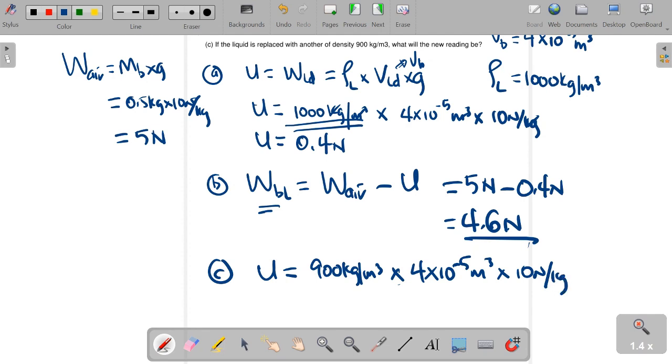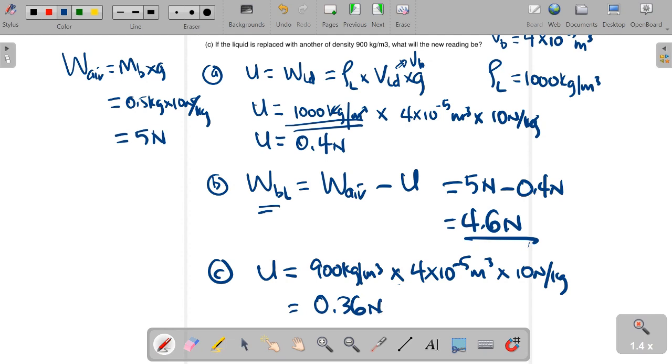So it is 900 multiplied by 4 times 10 to the power negative 5, and then multiplied by 10. That gives us 0.36 newtons.